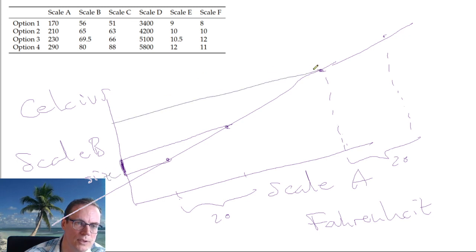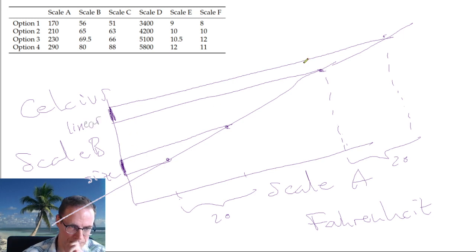You know, because this is a linear connection between those two scales. If you can draw a straight line through these entries on these two scales, then you preserve the cardinal ranking, and the sizes between the options is preserved.